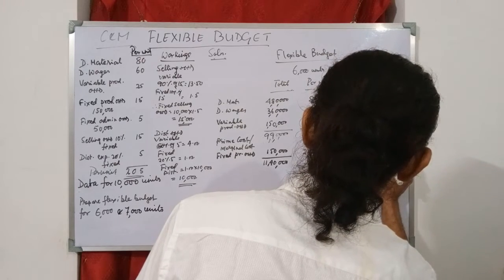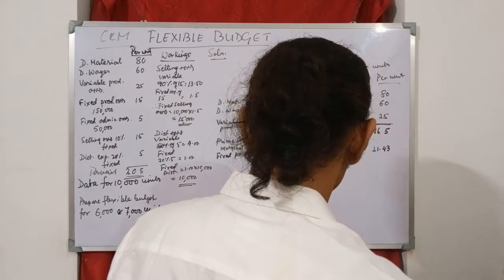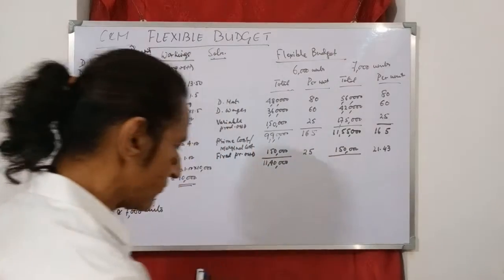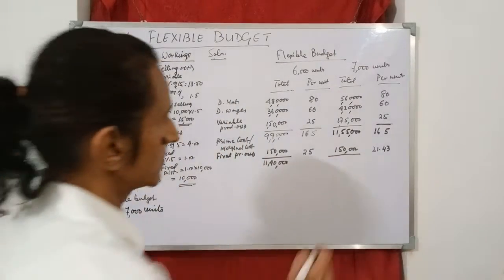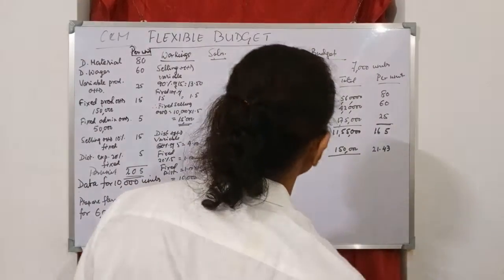Write 21.43 because it is coming to 21.4285. So we can take 21.43.